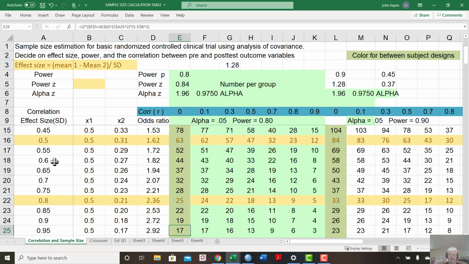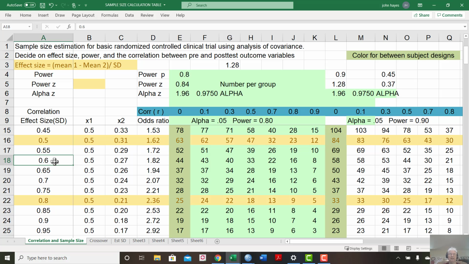Then you can use that, or even 0.6. Now, you have to think about what you can realistically do in the time that you have available to you, and how many subjects you can run. That's going to depend a lot on your sample size.